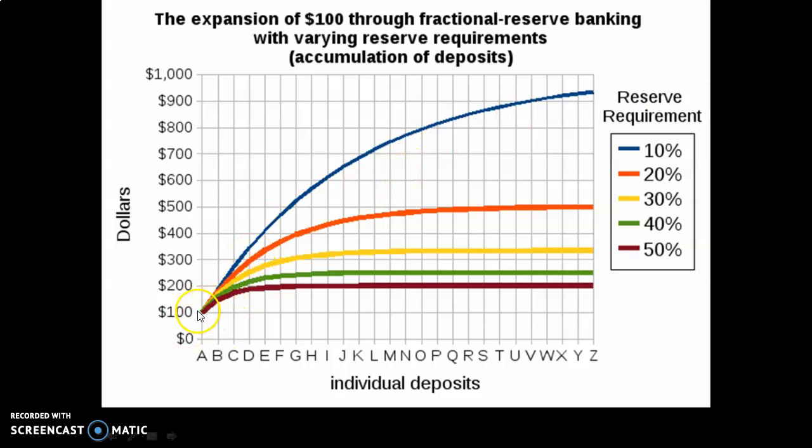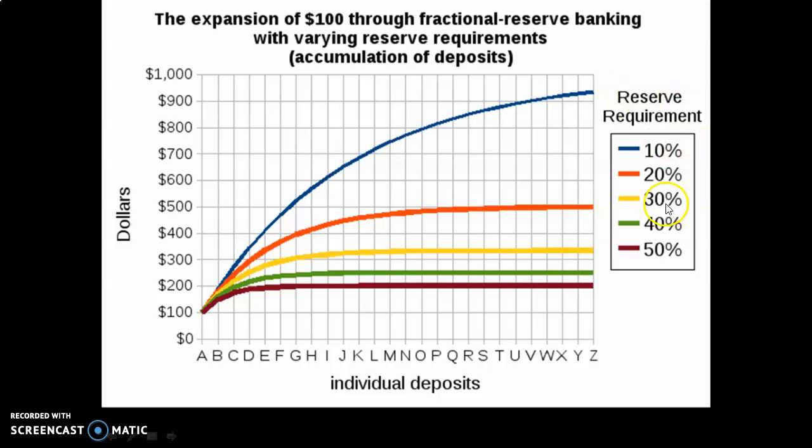Assume that you deposit $100. At a 10% reserve requirement, your $100 is going to grow, and eventually that line, if we continue it, will reach $1,000. At a 10% reserve requirement, your deposit of $100 will eventually create $1,000.